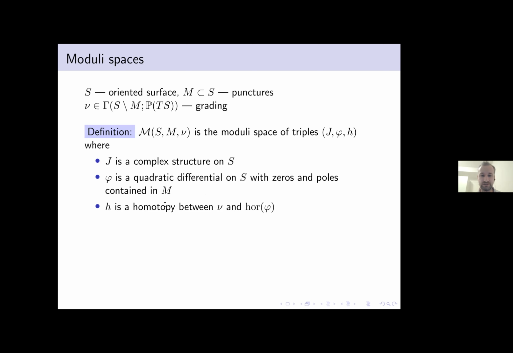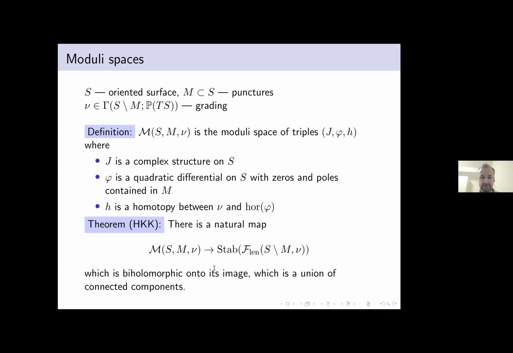Having this homotopy tells you in particular that the zeros and poles of phi will have the correct, some fixed order, which is the winding of this foliation around the points in M. But we don't just require existence of a homotopy, this is part of the data. So it's more like Teichmüller space than moduli space, with additional markings, like going to a universal cover of the moduli space.